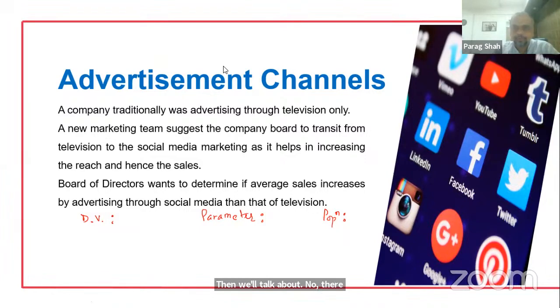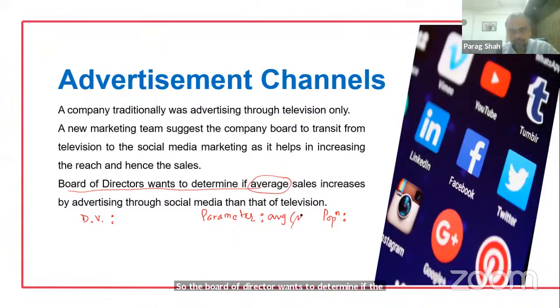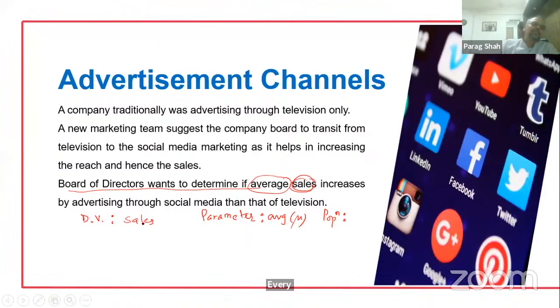Sales, perfect. So Prashant, you are right, it is the sale. So the board of directors wants to determine if the average, the parameter is average. Average sales, so my decision variable is sales, increases by advertisement through social media than on television.